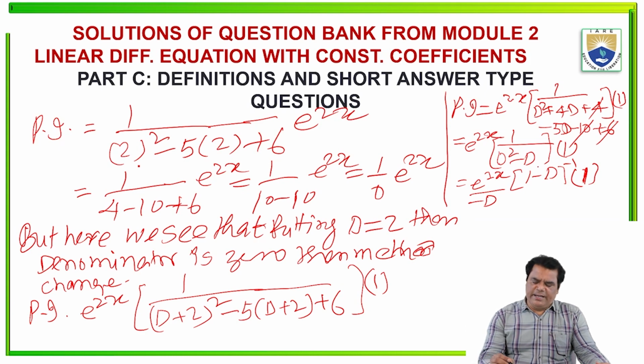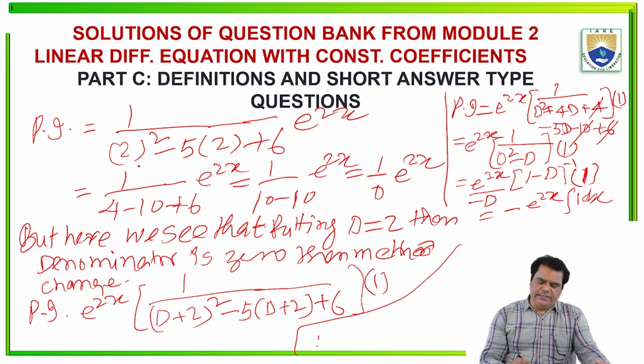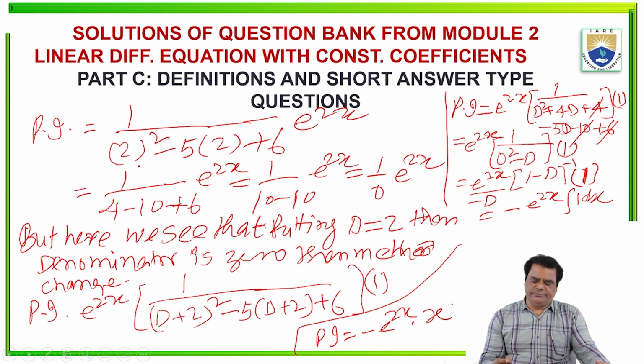Now after multiplying this, we get e to the power 2x and integration of 1 dx. So the final answer is PI is equal to e to the power 2x minus e to the power 2x into x.